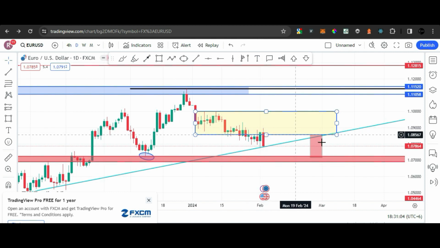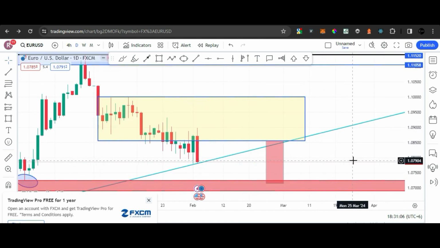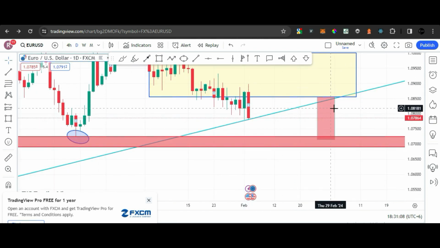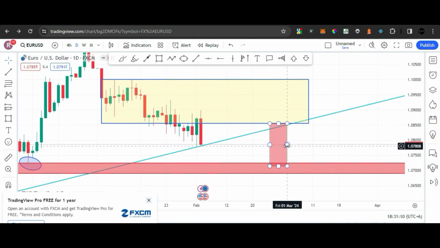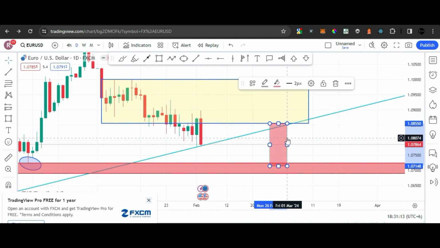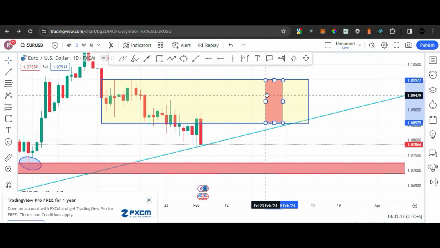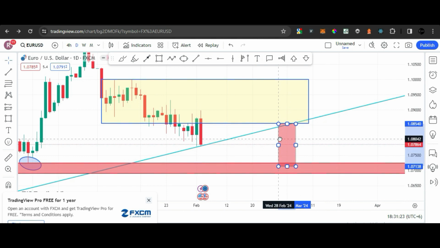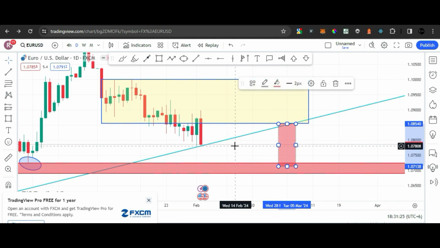Again it has been rejected from inside the box, and at that time I told clearly that if it breaks the box, at least it should come 50%. Can you guys see this was the total box? So my assumption was it would come 50%, and it did.